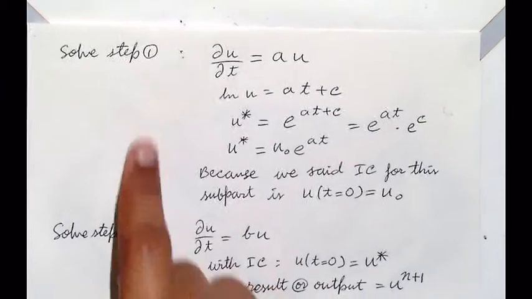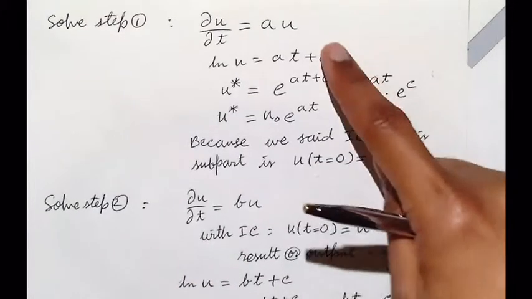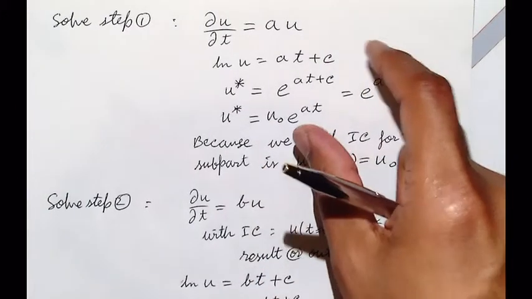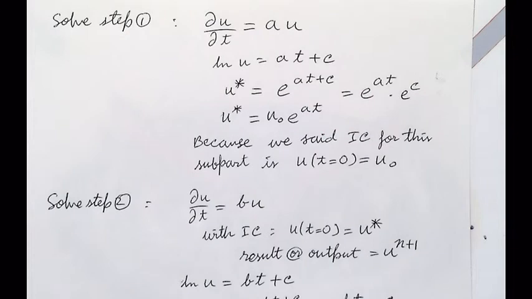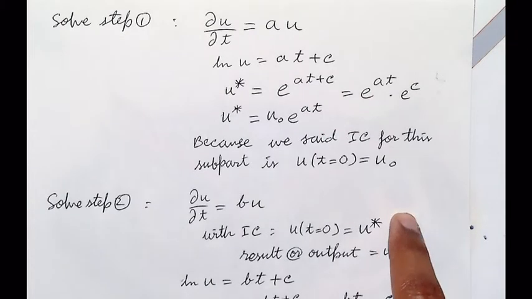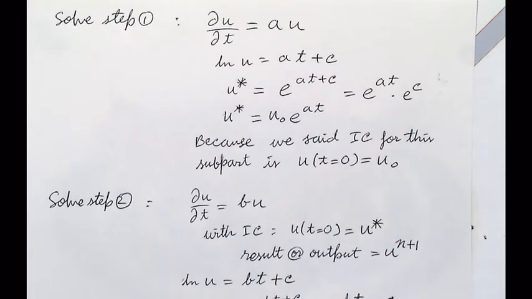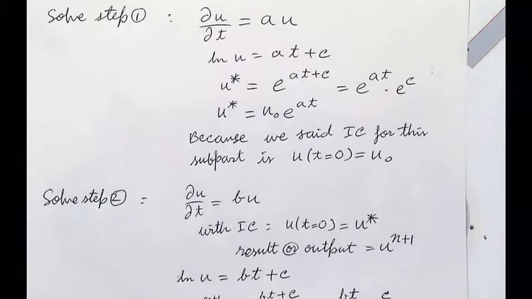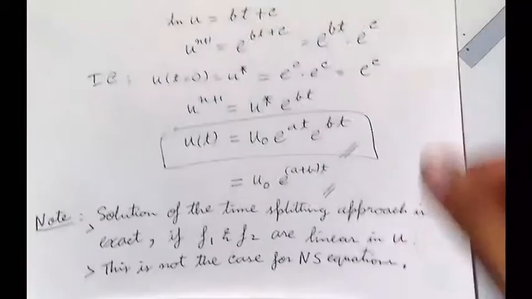What we did here was break it up into two parts and take a full time step for F1 and a full time step for F2. You could have done something more sophisticated, and that increases your order of accuracy. We will take a look at that.